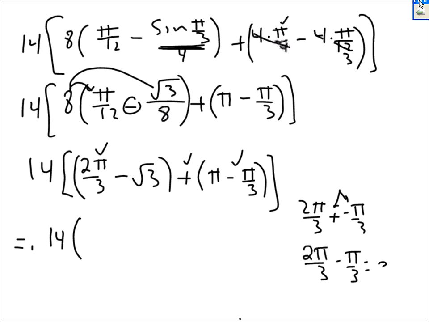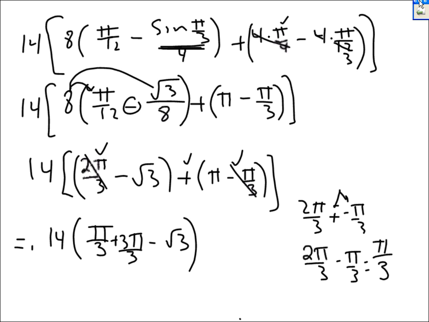The denominators are the same. Keep it. 2 pi's minus 1 pi is pi. So this plus this is just pi over 3. Plus another pi minus the square root of 3. Okay. I can think of this addition of pi as 3 pi over 3.